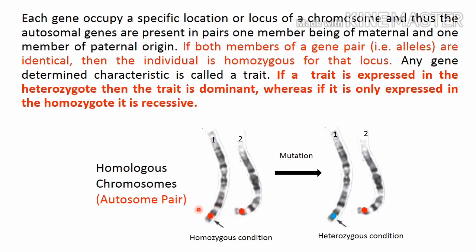As these two are the same in appearance and characteristics, we can say these two are the same genes. When this condition occurs, that is, both alleles are the same on the homologous chromosomes, then this condition is homozygous.